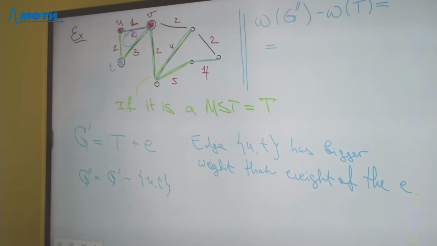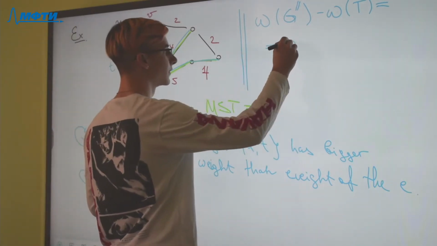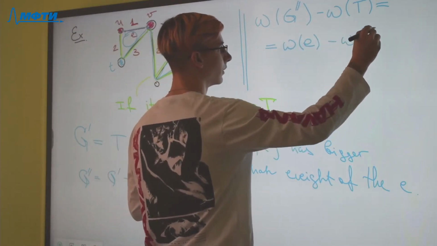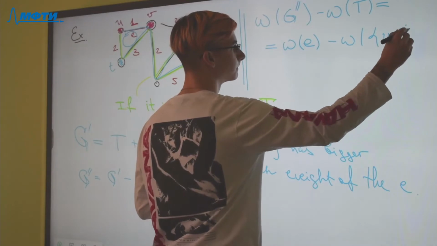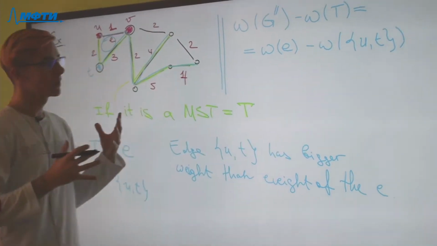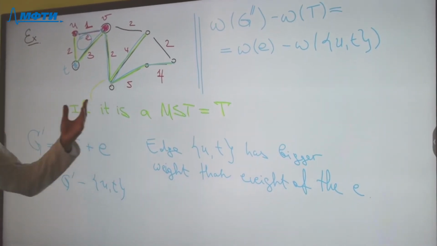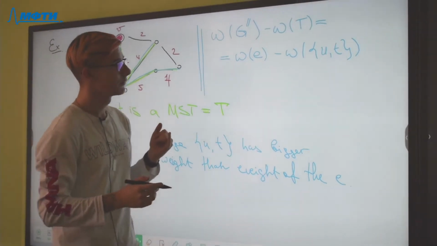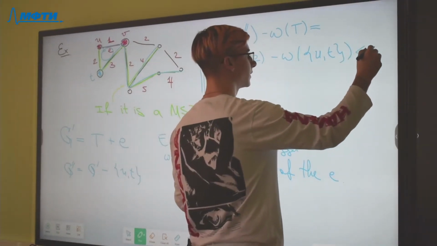Okay, and then it is equal to the difference between the weight of E and the weight of UT. And because E has the minimum weight, we can say that it is smaller than 0.